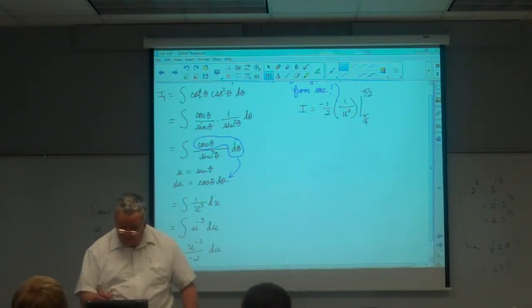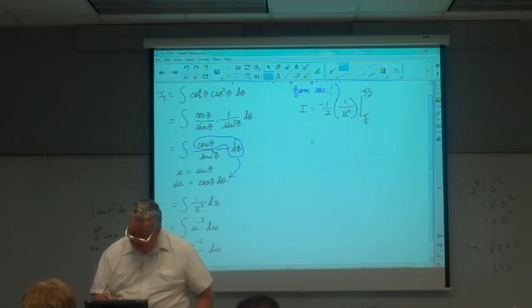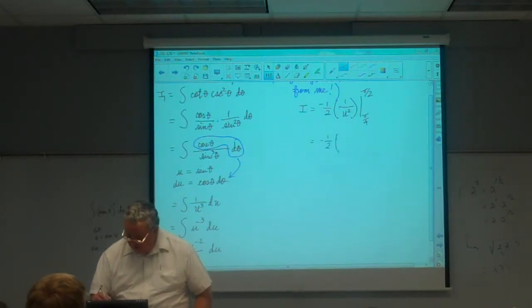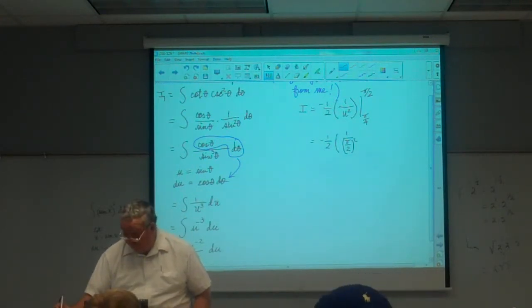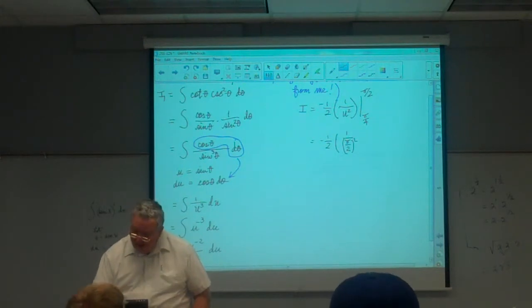What do you think? So now, I got minus 1/2, and I've got then 1 over pi over 2, right? Everybody agree? Square. Oops, square. Not 1 over the sine of. You didn't change the variables.